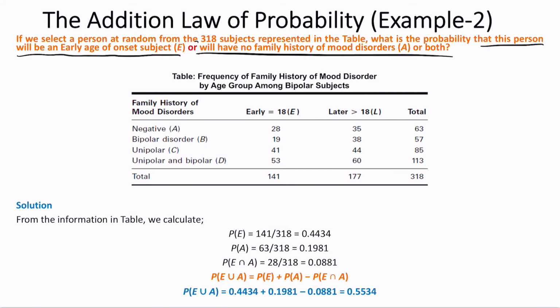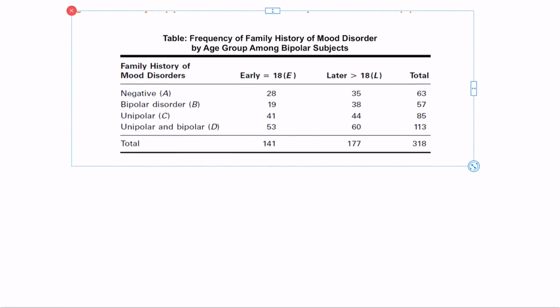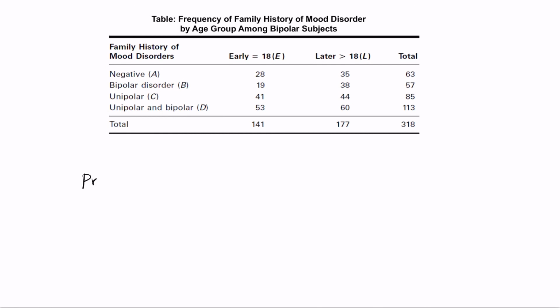So remember, whenever you use or, it means union. So they are asking you E or A. So let me solve it separately. So let's take this problem where they are asking you for E or A. E or A is E union A.